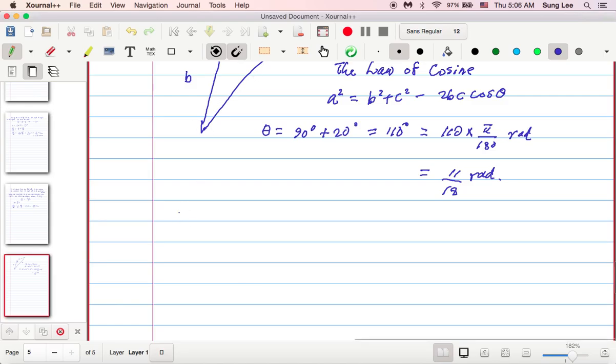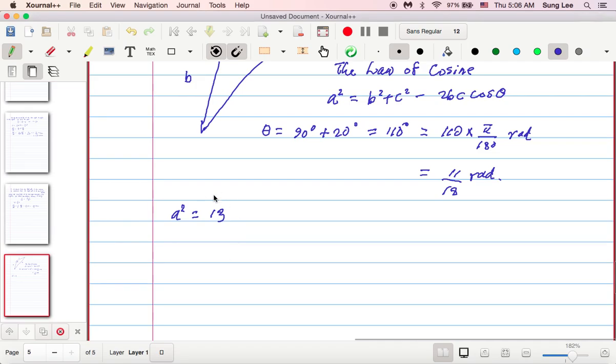So we have a squared equals b squared, where b equals 13 kilometers, the altitude of the airplane when it passes the radar station on the ground.